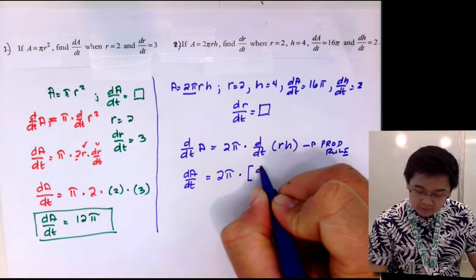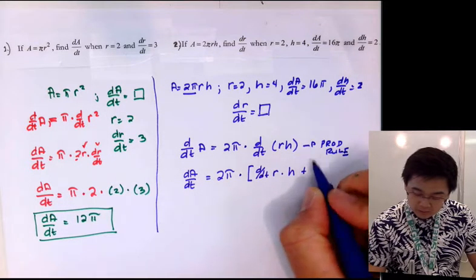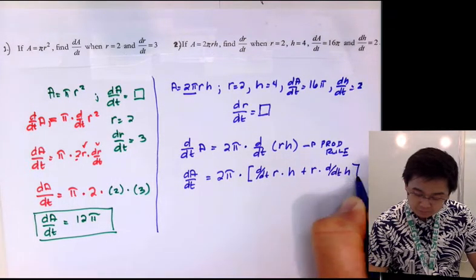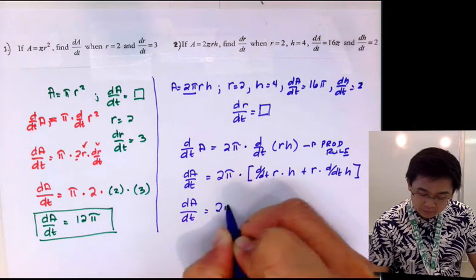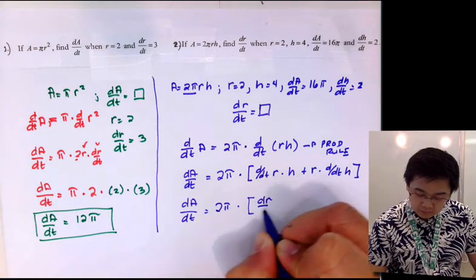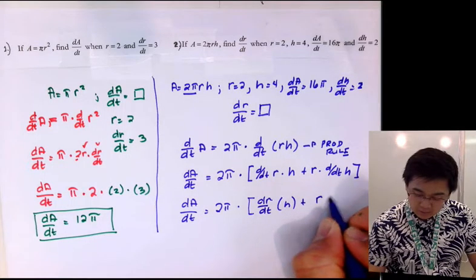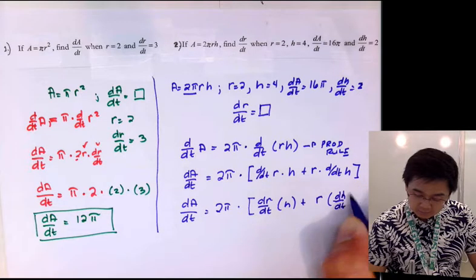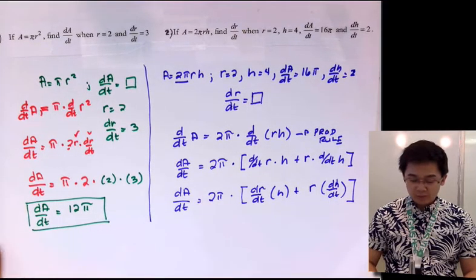So we have d/dt of r multiplied by h plus r times the derivative of h. So we have dA over dt equals 2 pi times dr over dt times h plus r times dh over dt. So this is now our derivative with respect to time for our formula.